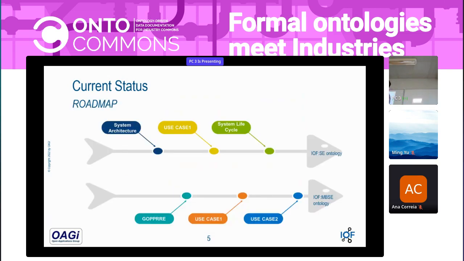So based on the roadmap, because our working group is a very new working group right now, we have 2 roles in order to realize our target. The first part is about the system architecture. We're trying to understand what is system architecture, what is viewpoint, in order to understand how to use ontology to represent the systems engineering, and others.